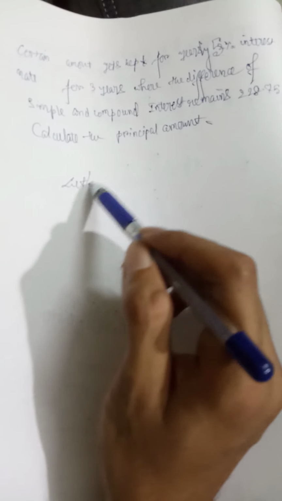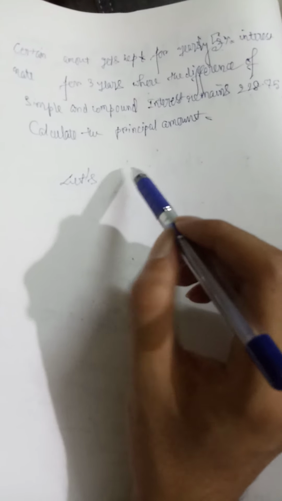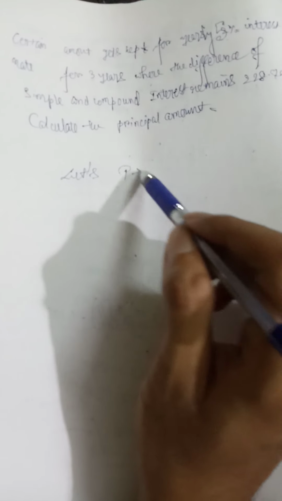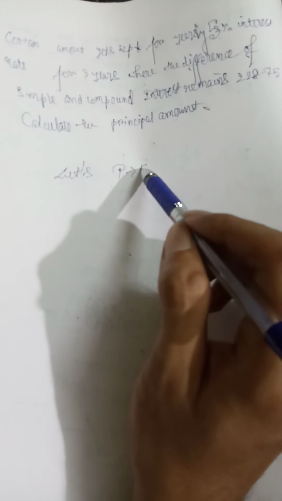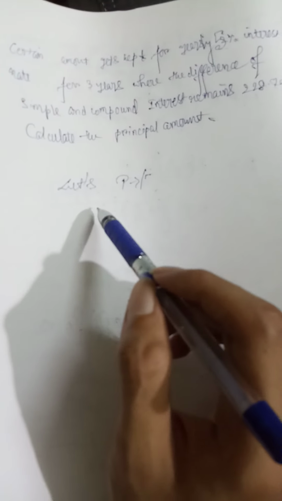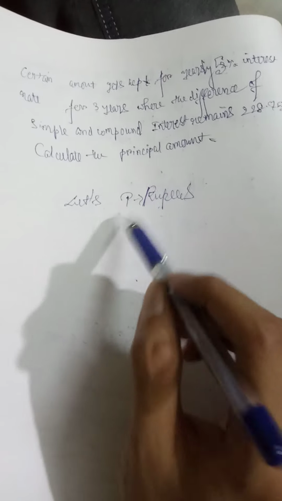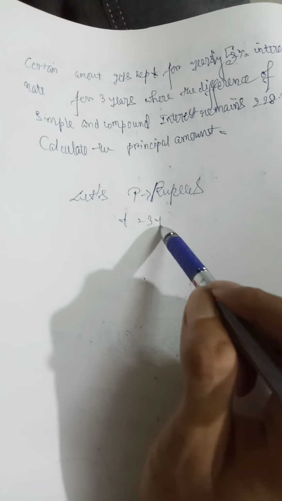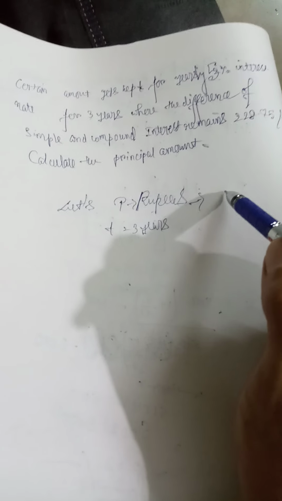Let's take the principal amount to be P rupees, and the time is 3 years. Let's imagine it to be 100 rupees.